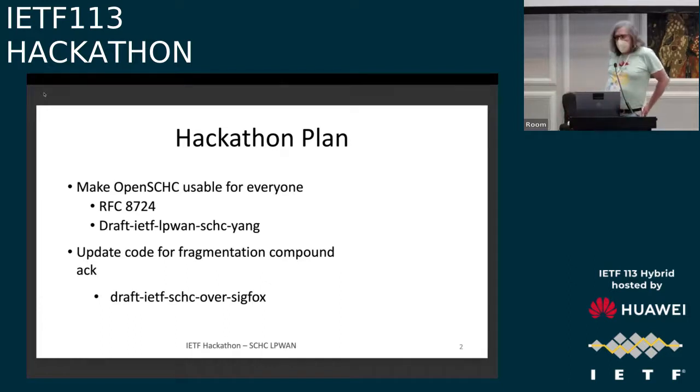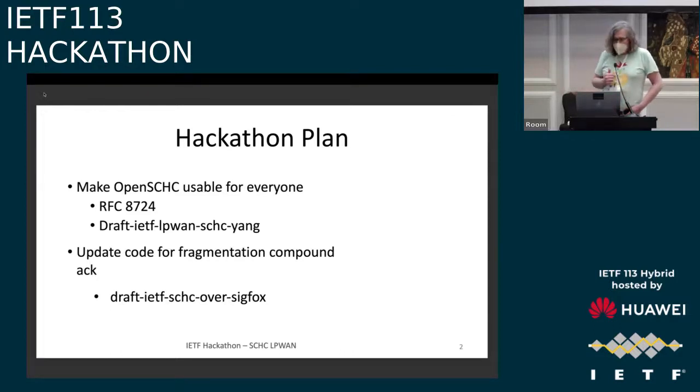We have this RFC that describes SCHC, and we use OpenSCHC to develop the standard, but it has been done by several developers, and now our effort is to put all the things together to have something that works well with all the features together and is well documented to help people use it. We also work on a YANG version of the description of the rules to allow interoperability between different implementations.